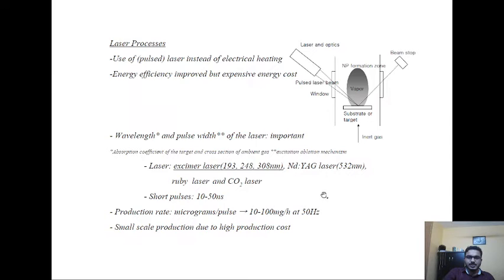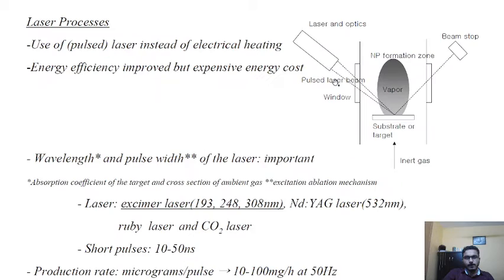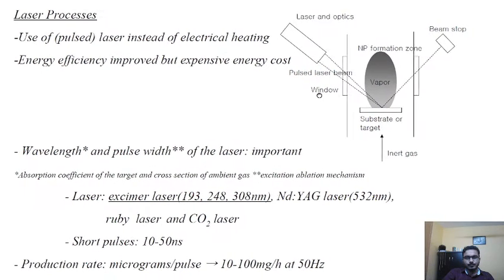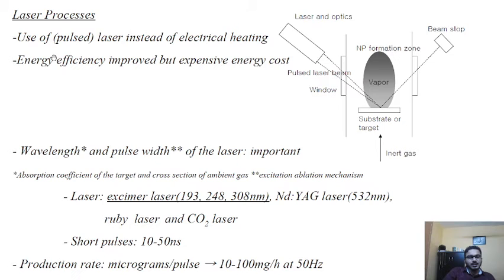Next is laser processes. So here we use a pulsed laser instead of electrical heating. There will not be any kind of electrical heating, instead we will be using a laser. So here you can see the substrate or target from which we need to generate the nanoparticles, and from the left hand side we are having an arrangement for providing the laser.